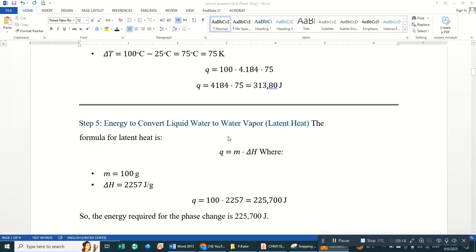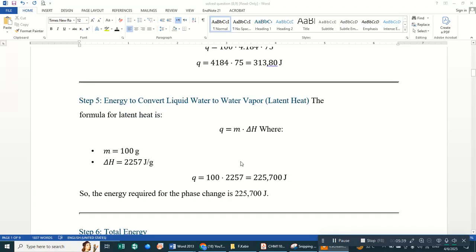Next, we calculate the energy which is used to change the phase of the liquid water into the vapor phase. How can we calculate it? We know that delta H, the enthalpy change, is given, and we multiply this delta H with the mass of the liquid.